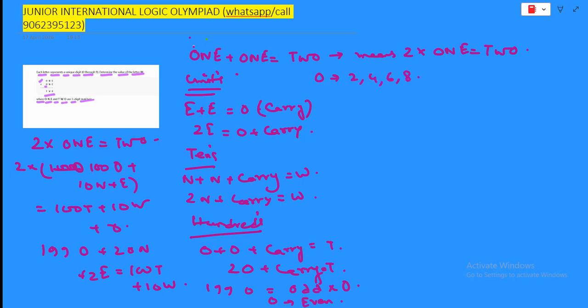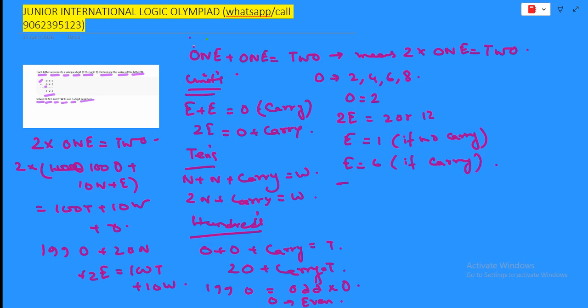Now let's test O is 2, that is the smallest one. So in units, 2E will be 2 or 12. So E equals 1 if no carry, and E equals 6 if carry.